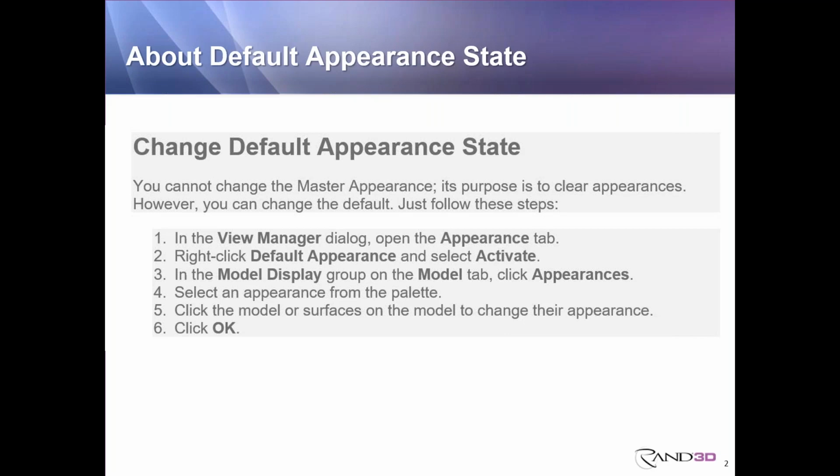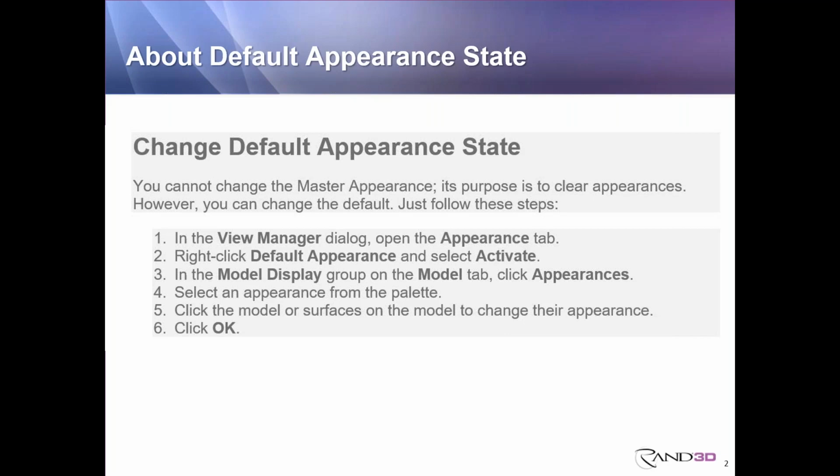And as you can see from the text here, the master appearance is there so that if you choose to make some variances in appearance, which you do through either the default or creating additional appearances, you can use the master appearance as a way to clear other appearances that you've set. And that's manageable.